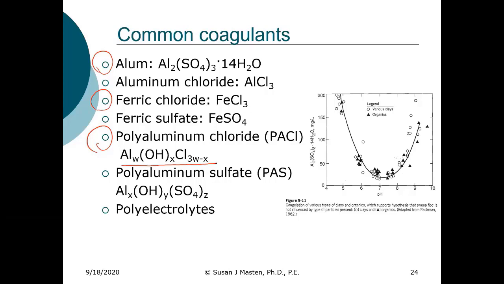It changes with manufacturer formulation, but these are typically the most common. And then where we add polyelectrolytes, these are most often added as a coagulant aid, where we're trying to improve coagulation beyond what we can achieve with either one of these coagulants.